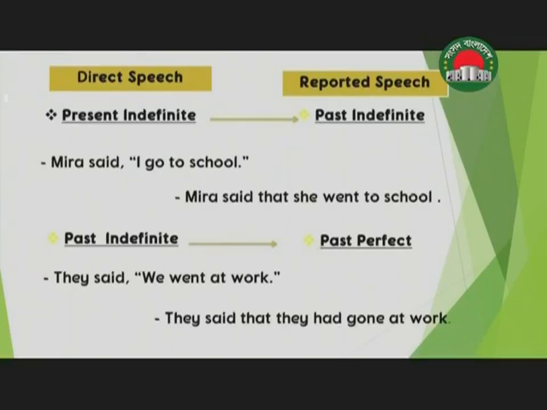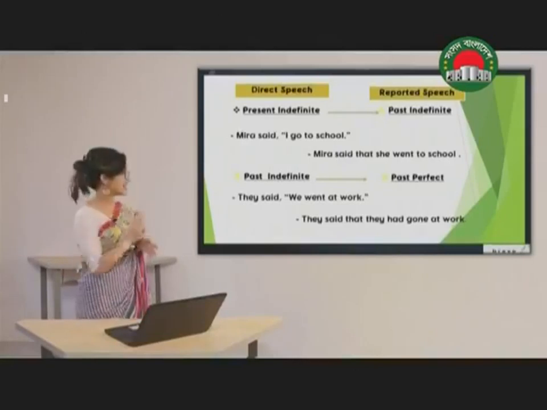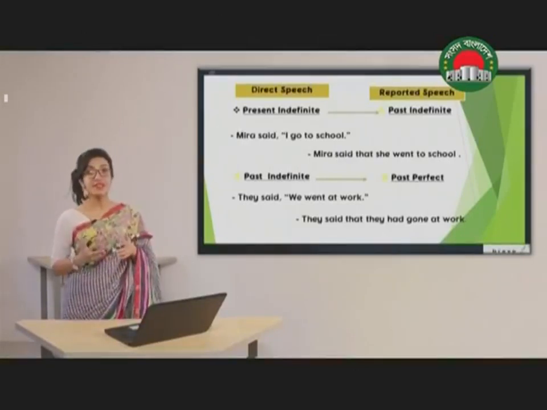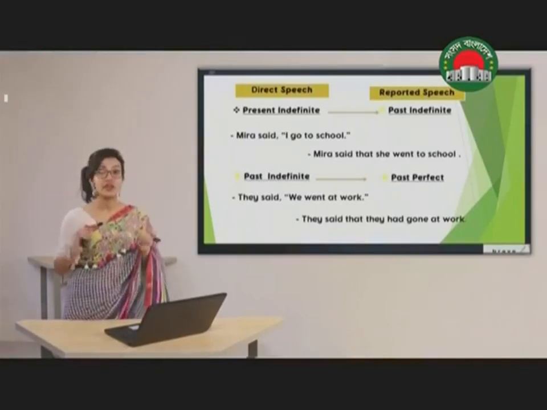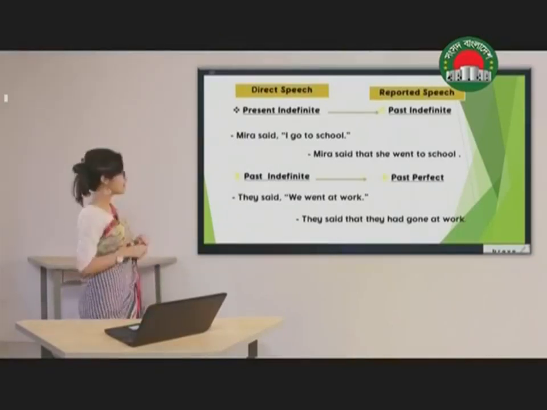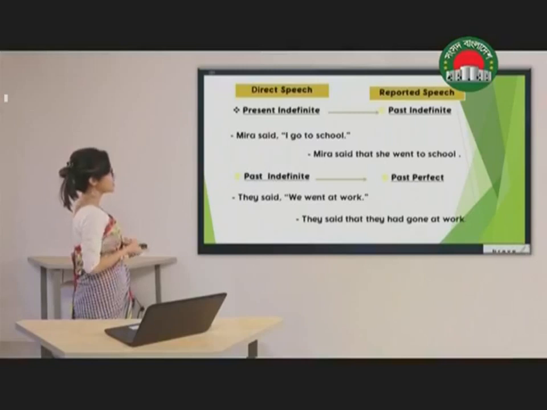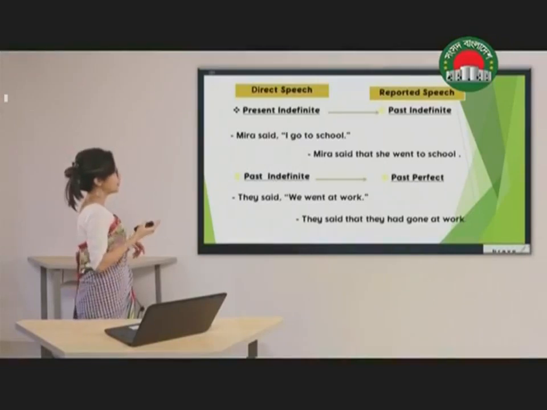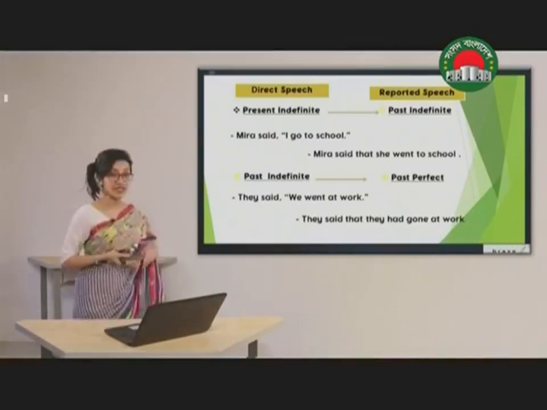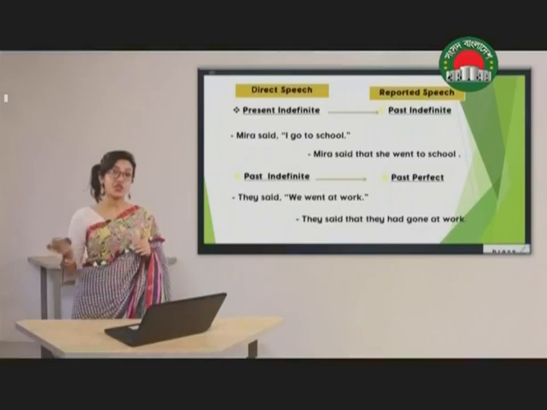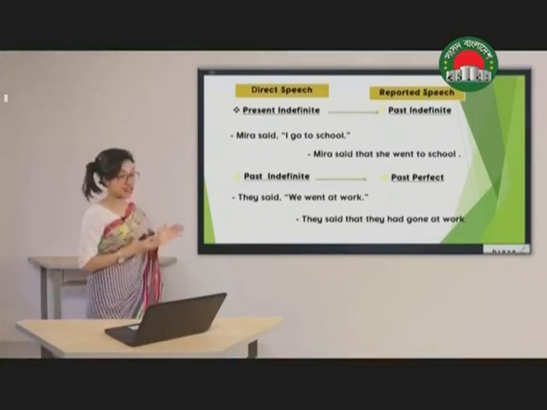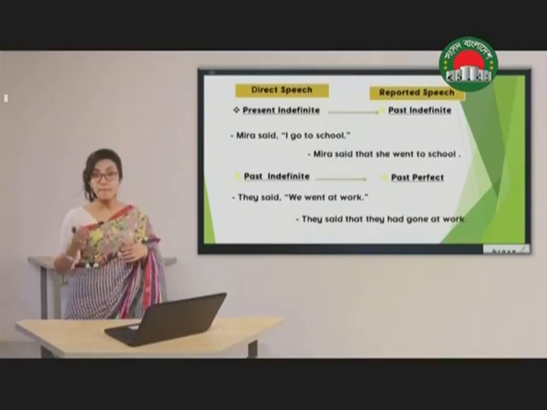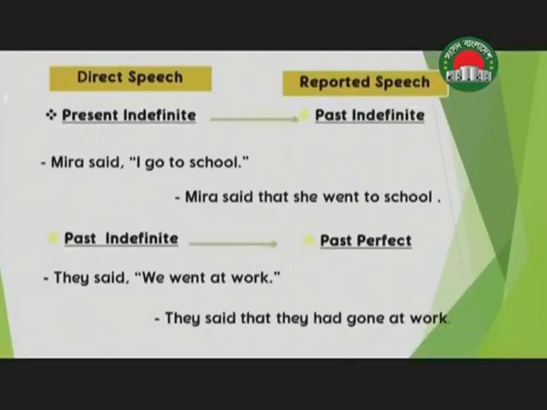As you can see, the reporting verb here is said, which means that we have to change the tense that is given in the inverted comma. For that reason, we have said, Mira said that she went to school. As you can see, go has been changed into went here.